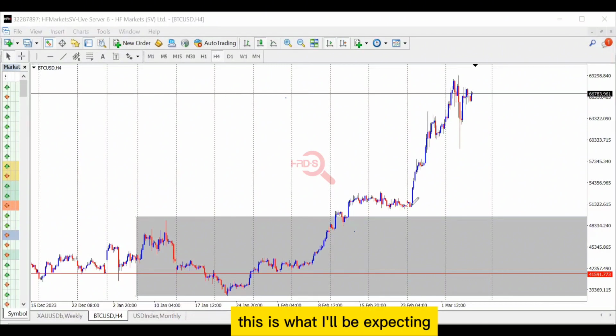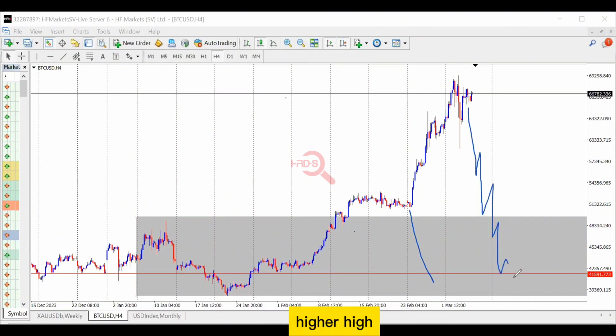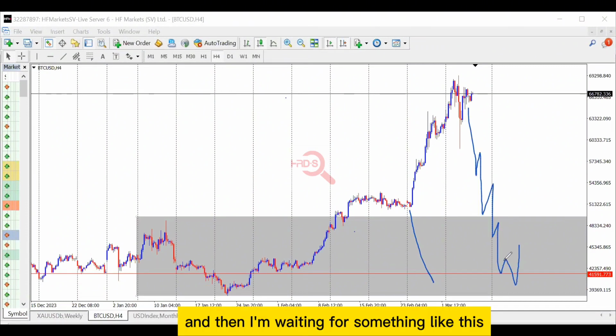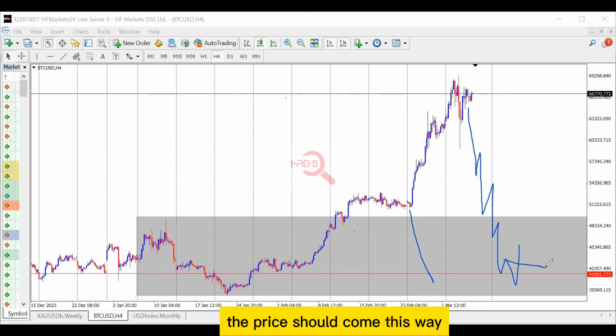This is what I'll be expecting, that when price comes inside here, let's say in a 4 hours time frame, we did higher high, higher low, higher high, higher low, higher high, and then I'm waiting for something like this. That price should come this way, and then I will buy Bitcoin, whether here or that I'm putting it in my wallet, and then we shoot up.